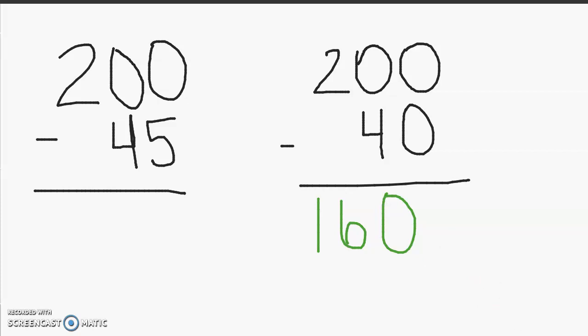Because we adjusted the problem to 5 less than 45, our answer to the original should be 5 less than the adjusted answer. The adjusted answer was 160. 5 less than 160 is 155, which is the answer to 245, which is the original.